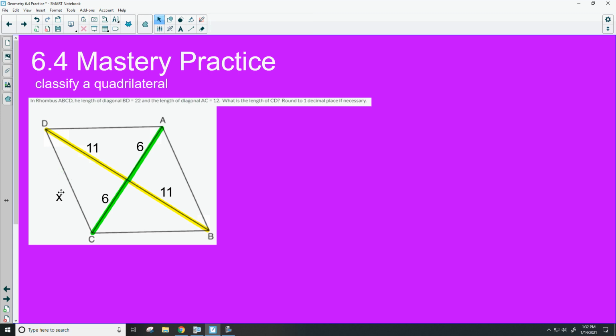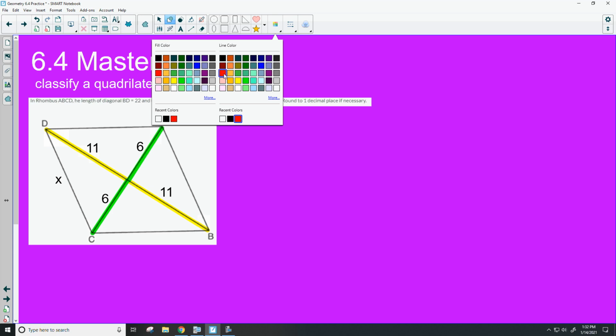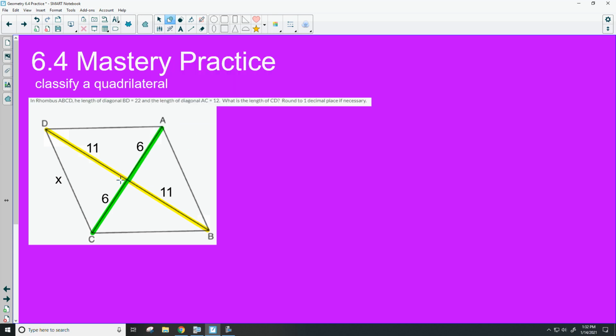Now the thing that you need to know is, because it's a rhombus, the diagonals are perpendicular to one another, which means all of these angles in here are 90s. So I have a bunch of 90-degree angles.